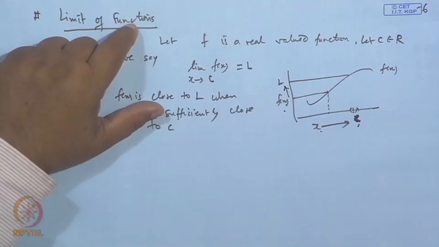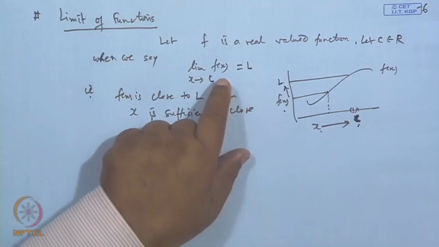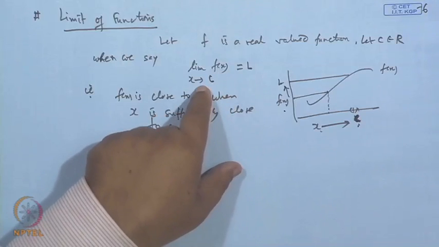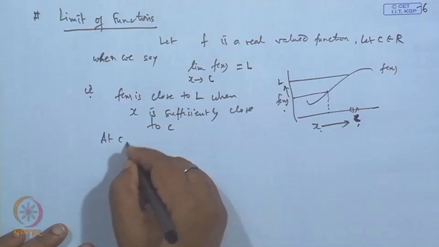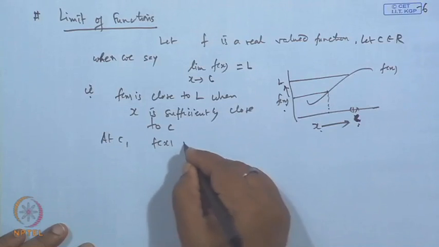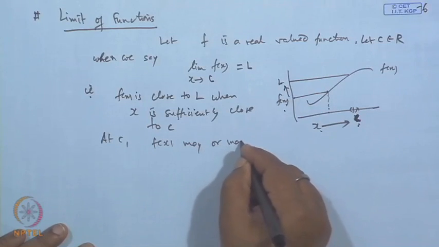That is the meaning of the limiting behavior of the function f(x) at the point c. At the point c, the function f(x) may or may not be defined.